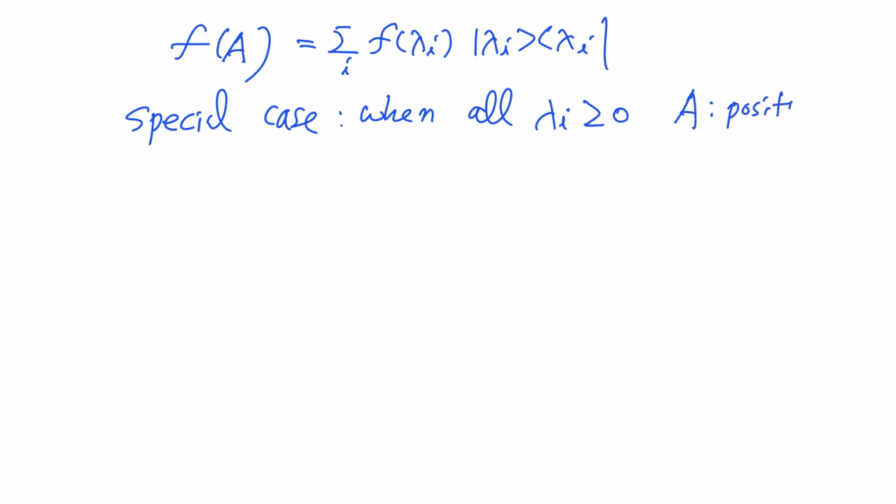In this case, we call it a positive matrix. Then you can even calculate the square root of A. We have done that in the previous class, right? If all the eigenvalues are greater than or equal to 0, then you can even calculate the square root of A.